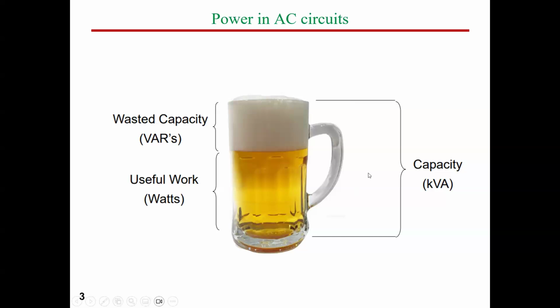But one thing, guys, is you cannot have the useful part here of power without having the reactive power. So this is a very important part to understand the concept of AC power. So with AC power, you cannot have the active power without the reactive power.